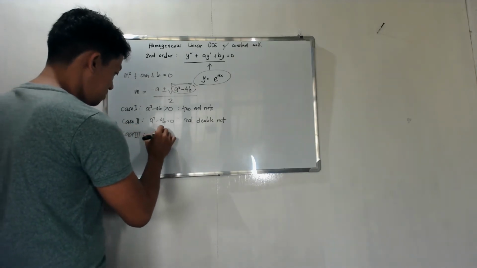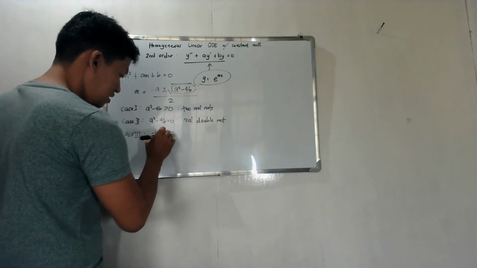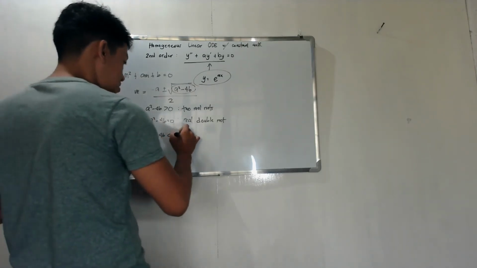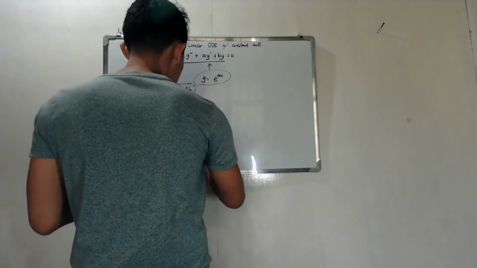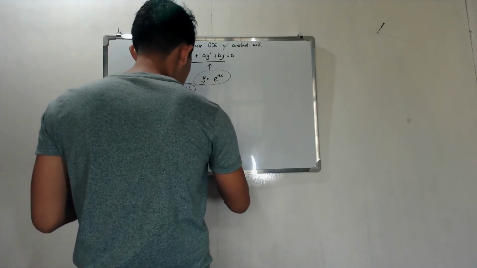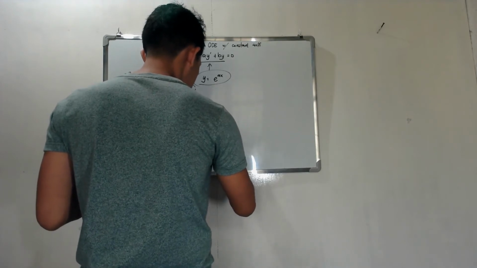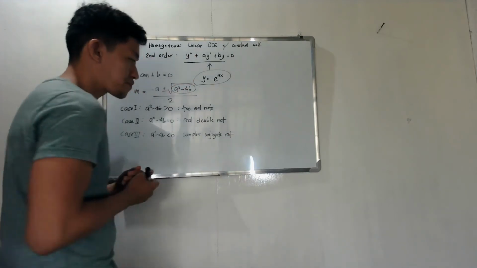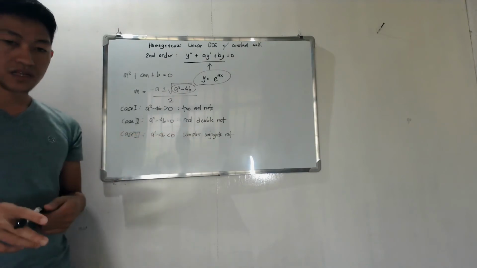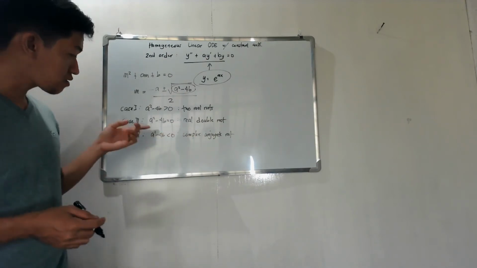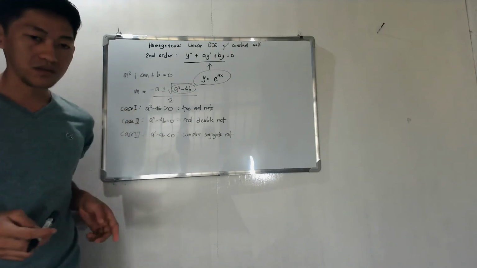And then for case 3, when a squared minus 4b is less than 0, you will get complex conjugate roots. Okay, why is it necessary to identify whether it is case 1, case 2, or case 3?